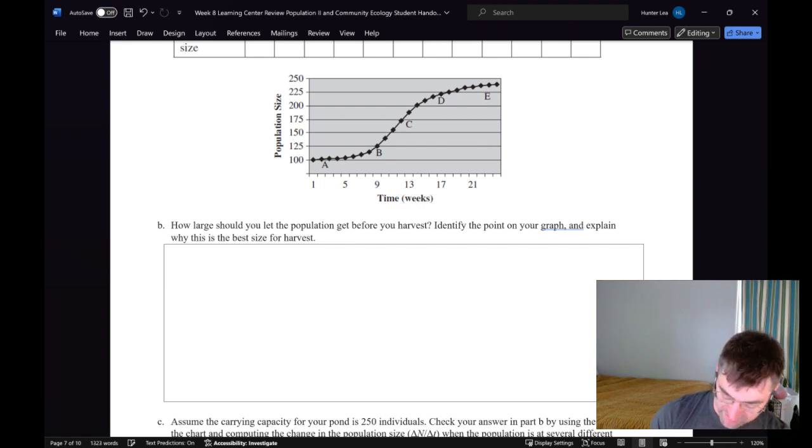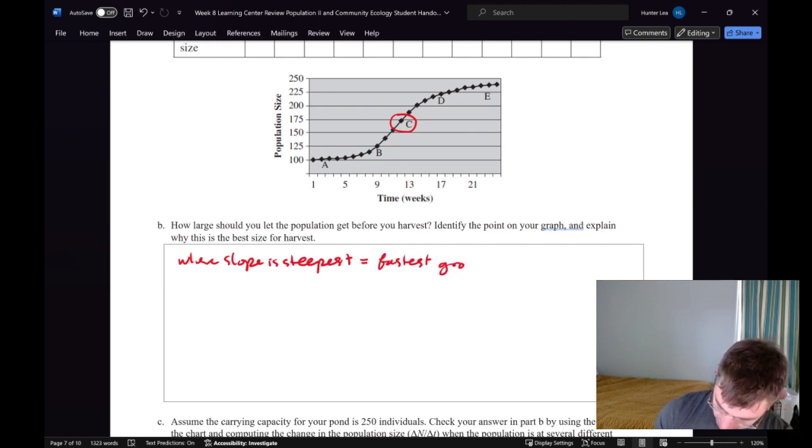This would be about point C on our chart. So we can argue that this would be the best time to harvest. Let's go ahead and write that. Where slope is steepest, fastest growth.